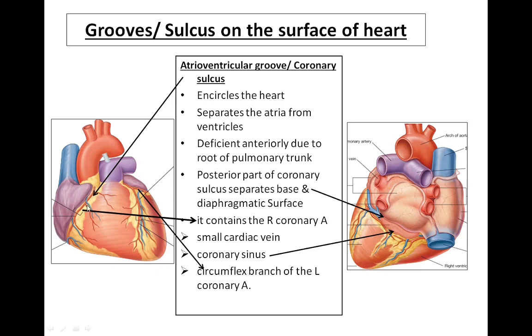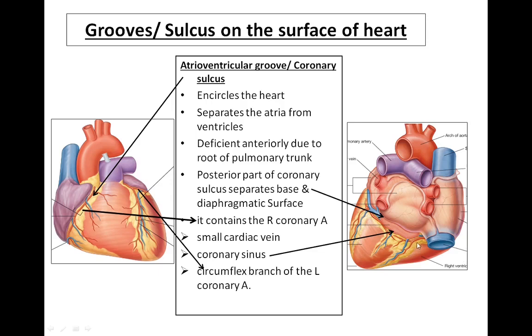Now what structures remain in this coronary sulcus? Because in the sulcus some vessels are mostly present. So this is your right coronary artery. In the anterior aspect of the coronary sulcus, we have the right coronary artery. Along with this sulcus, the coronary artery reaches the inferior border, then it goes posteriorly and reaches the posterior aspect.